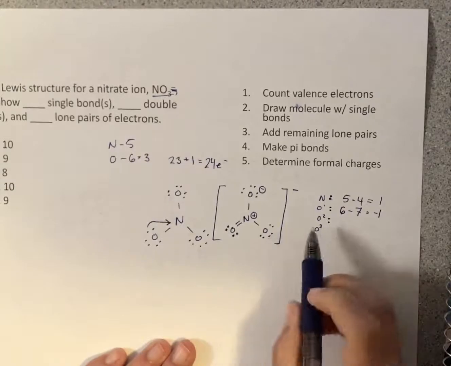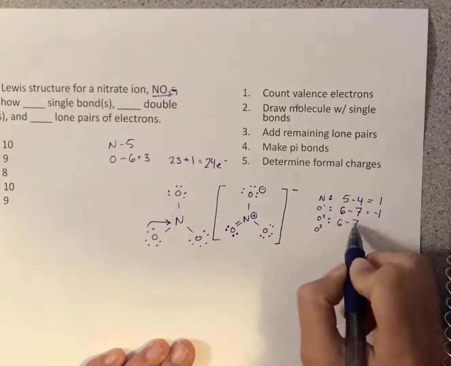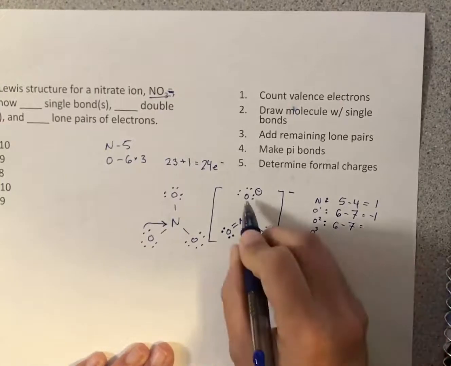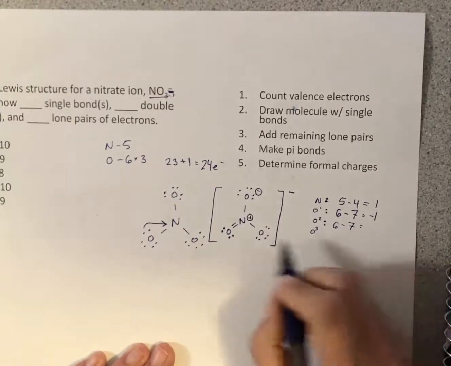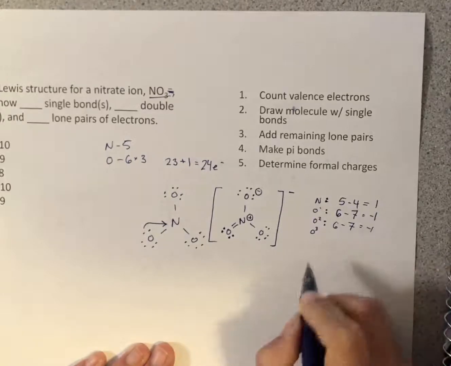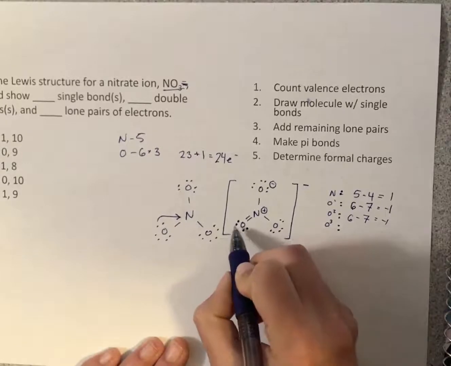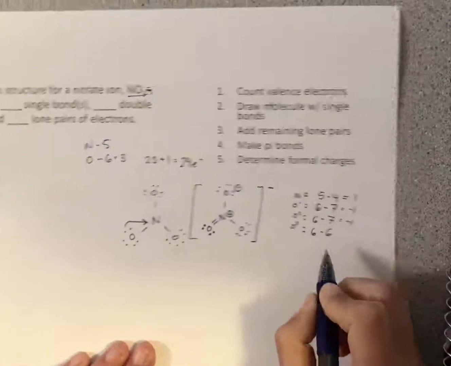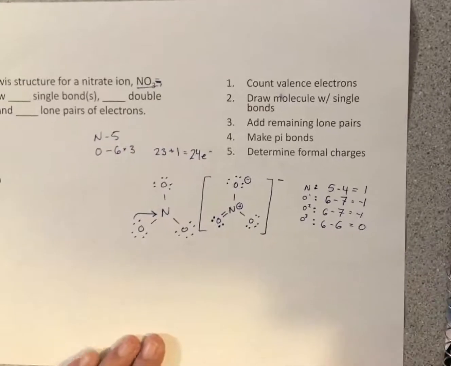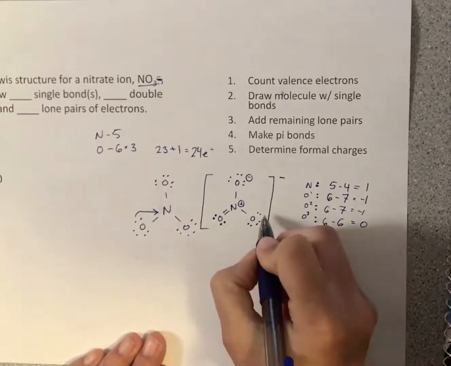So this oxygen number 2 is the same because we have 6 valence electrons minus 7 that are associated, because see, these guys are the same. 3 lone pairs, 1 single bond. It's also a -1. And then this last oxygen is going to have 1, 2, 3, 4, 5, 6. So 6 valence minus 6 that we counted is equal to 0. So this guy is going to have no charge on it.